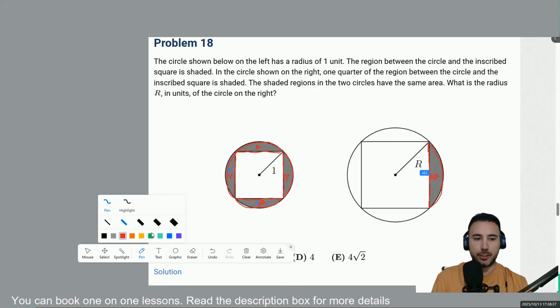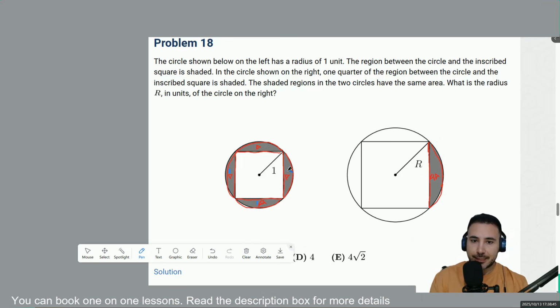Now take a look. These are similar, right? A circle and then a square inside. Of course, they're similar. And this part and this part shows that this one is 4 times of this one. But what is 4 times? The area.